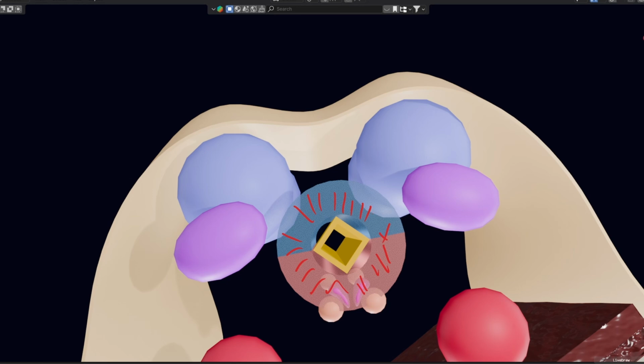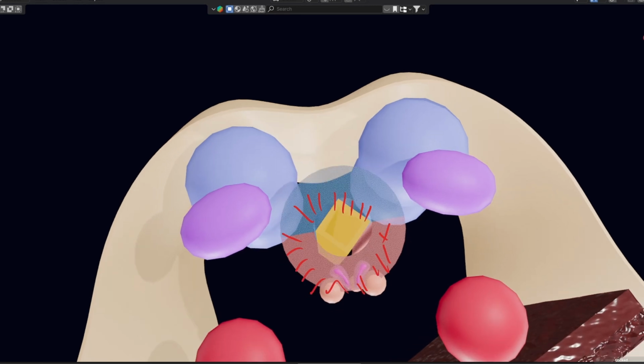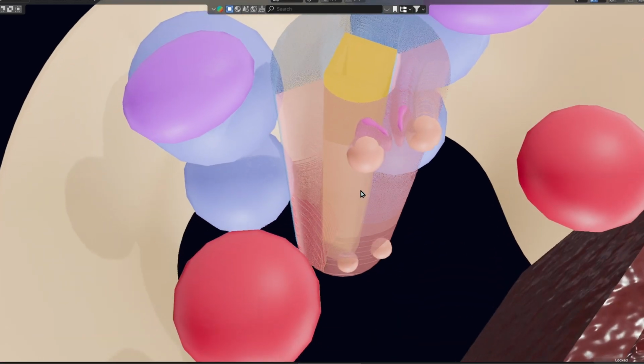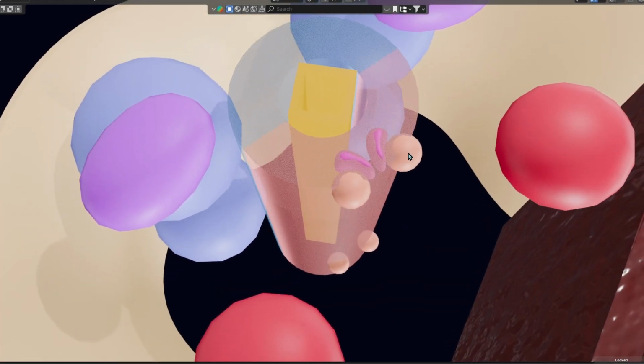And then the most important structures in this area, the cranial nerve nuclei. So we have the somatic nuclei in this region, the nucleus of the third cranial nerve. Let me show you exactly. So here is the third cranial nerve nucleus, and this also.